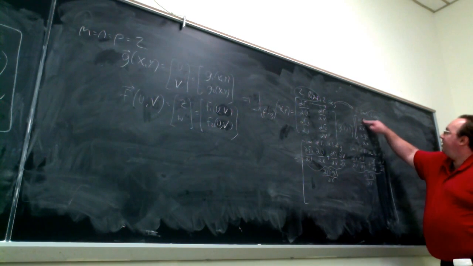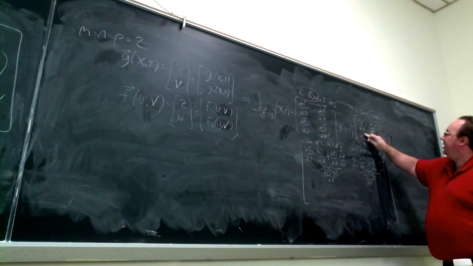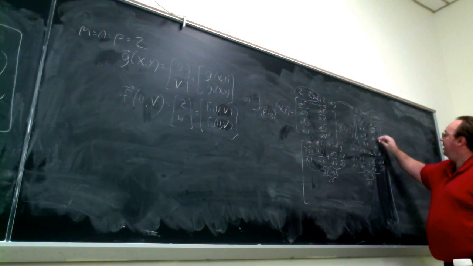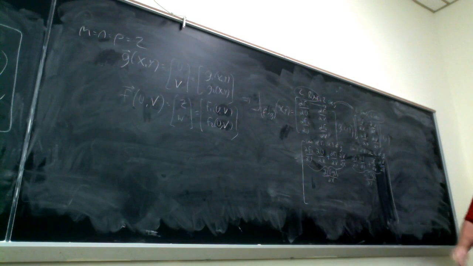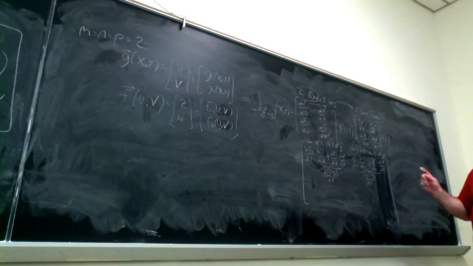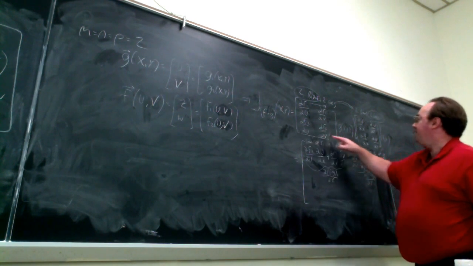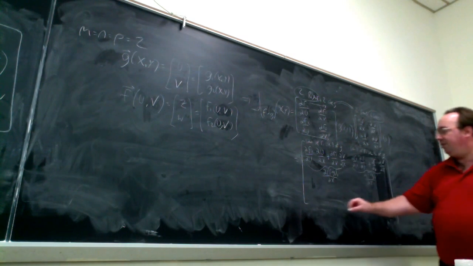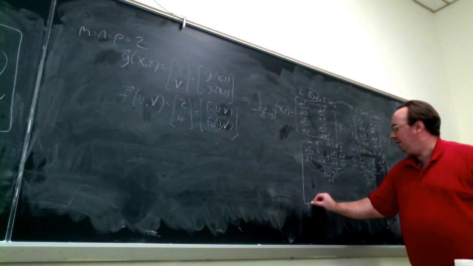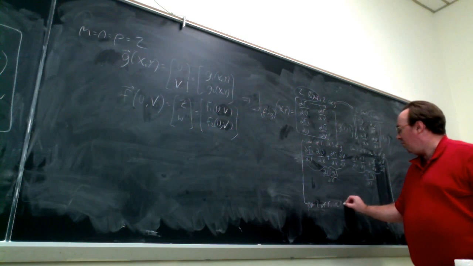So I'm just going to rename these. So g1 is u, g2 is v. Now, that's the first row. For second row, we're going to work with the second row of f. So down here we're going to have row 2 of f, column 1 of g.